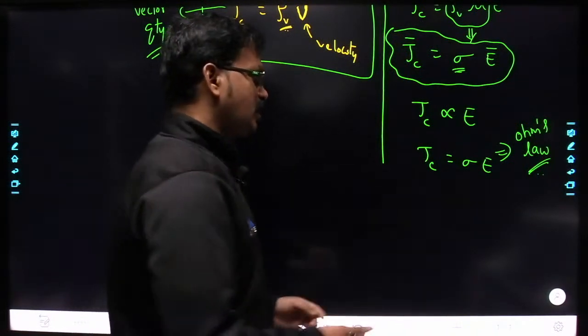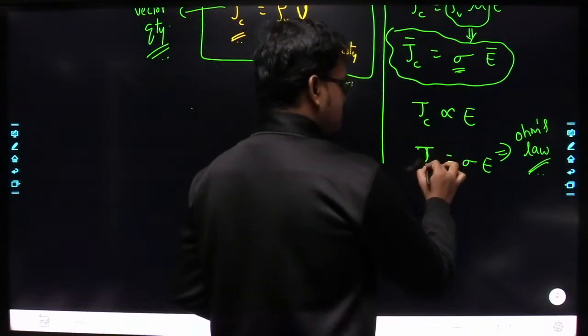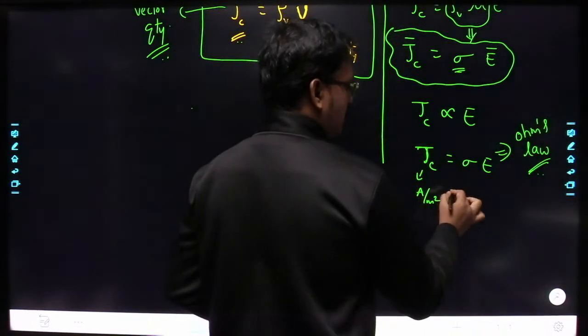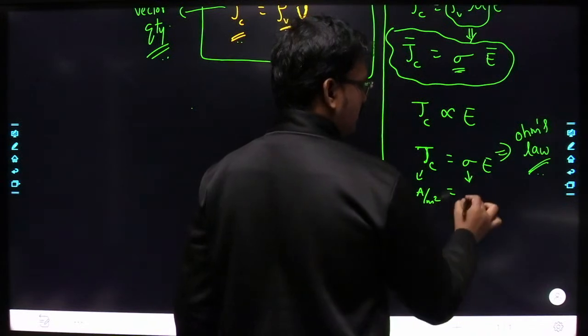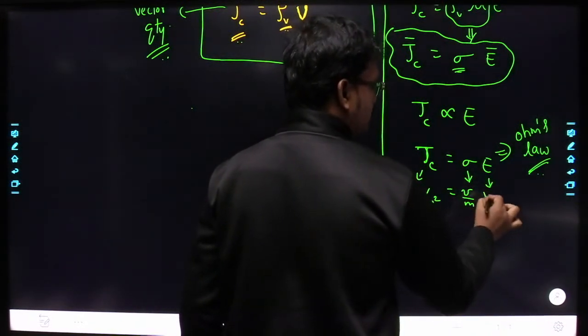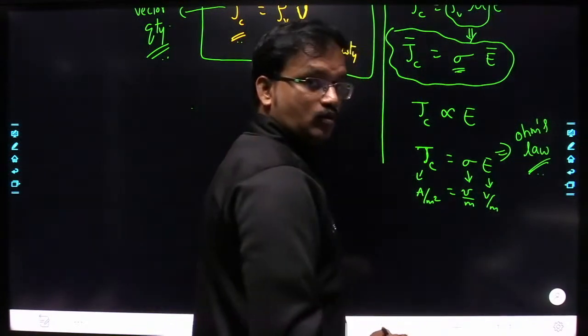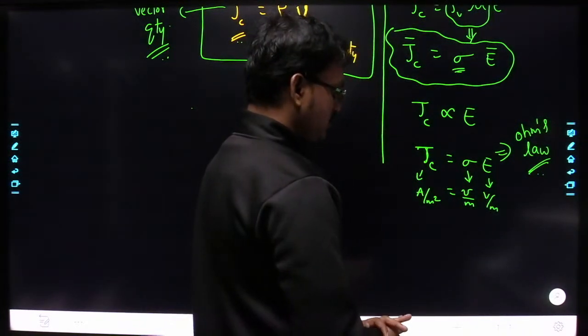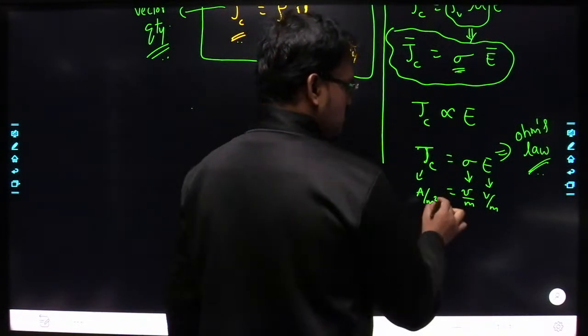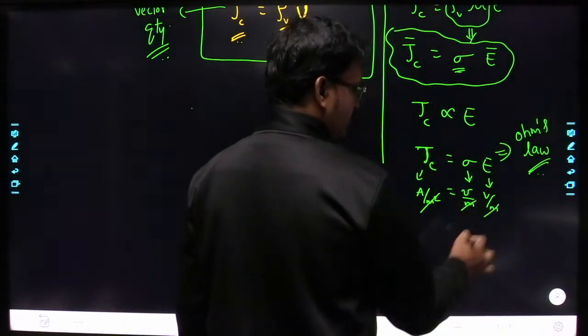See here the units. The units of Jc are ampere per meter square, the units of conductivity are mho per meter, and the electric field units are volt per meter. Here meter square will get cancelled.